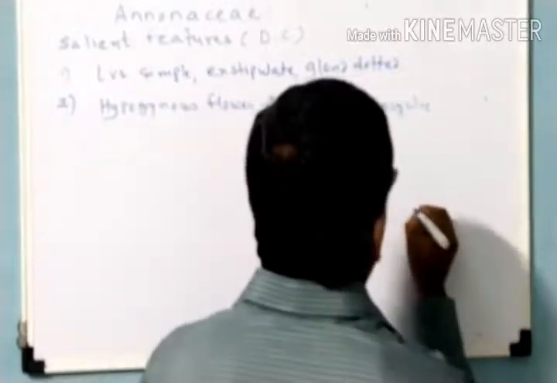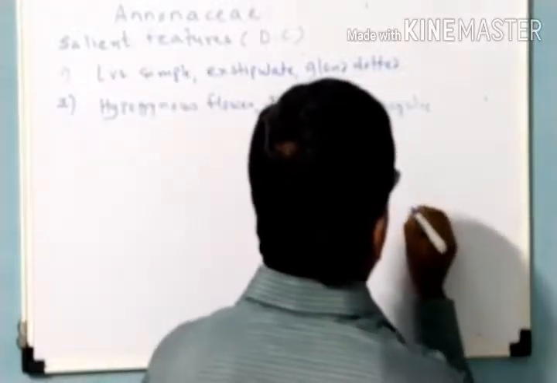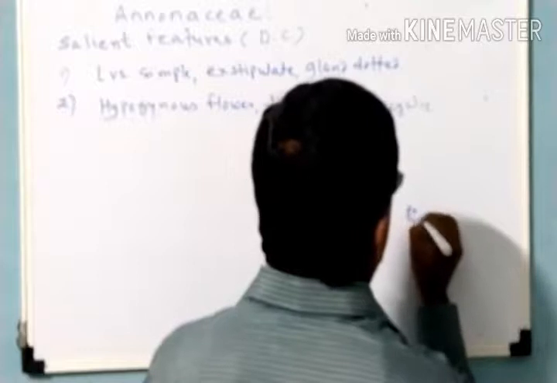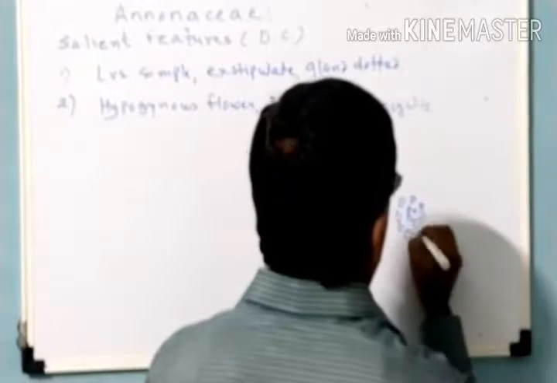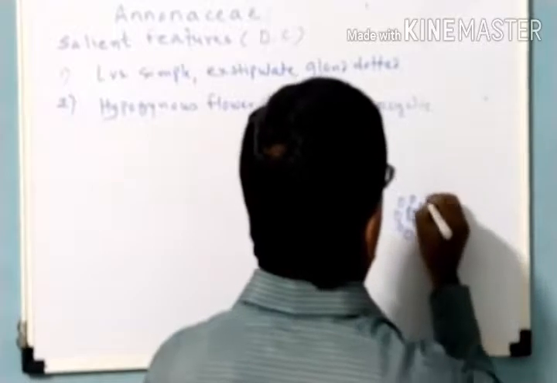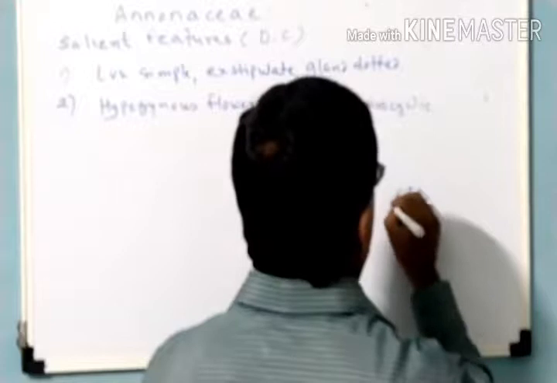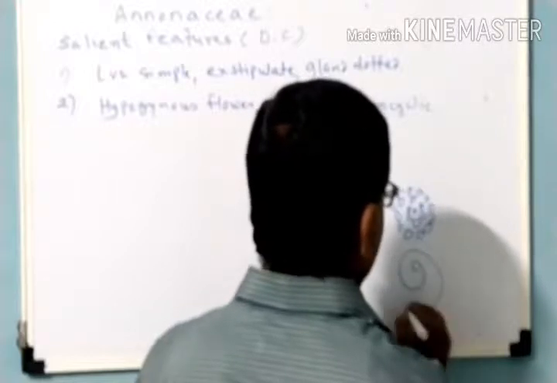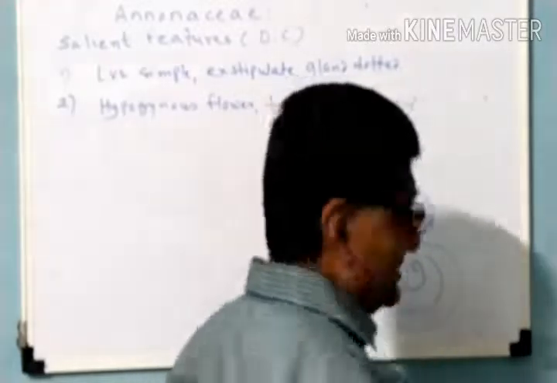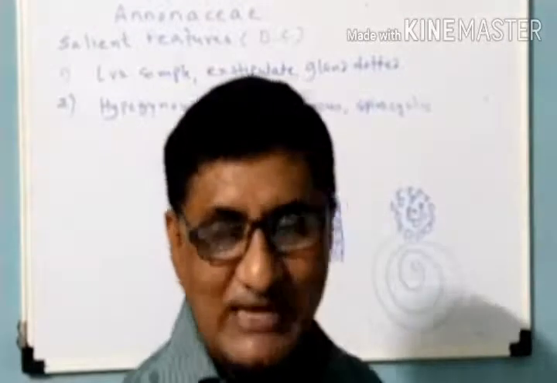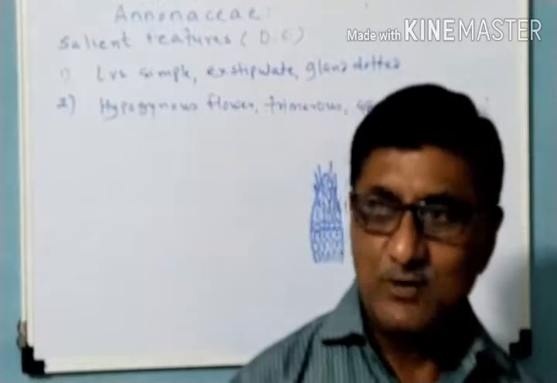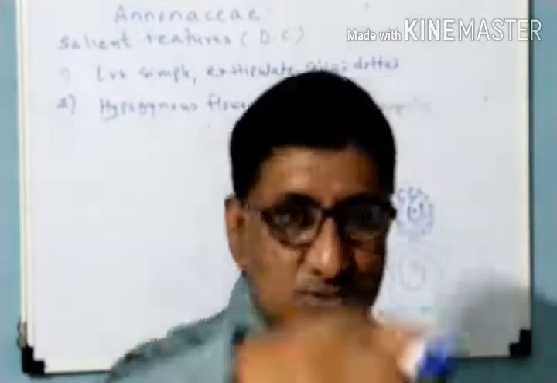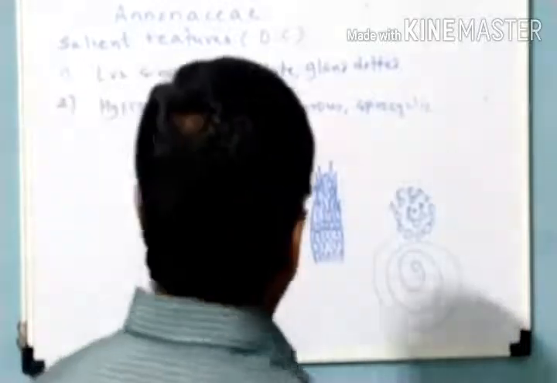Spirocyclic means what? They are present like this. You can just see this is a spirocyclic arrangement. The stamens are present on the lower half of the convex thalamus and gynoecium on the upper half of the convex thalamus, in a spirocyclic manner. So that is the spirocyclic condition.